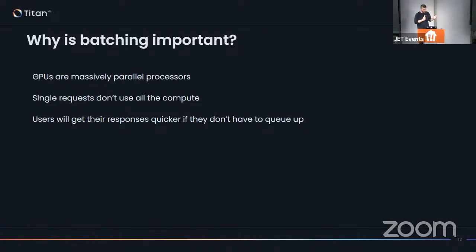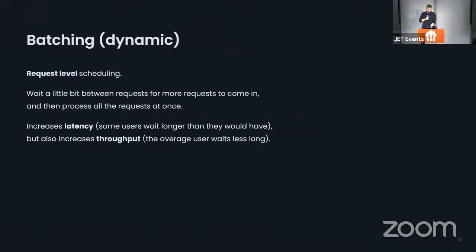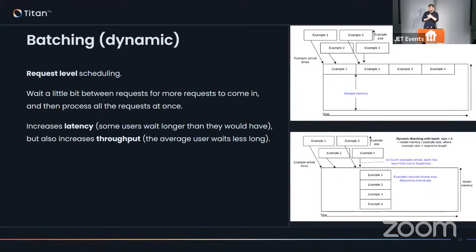Single requests as they come in don't use all this compute. And users don't want to have to queue up one behind the other, so you have to batch the requests together in order to process them all at once. There are very many different ways to do that when you have a serving infrastructure. The first thing you can do is what's often termed dynamic batching. This is maybe the simplest sort of algorithm you could think of. I want to process things together in batches and I'm getting them one by one.